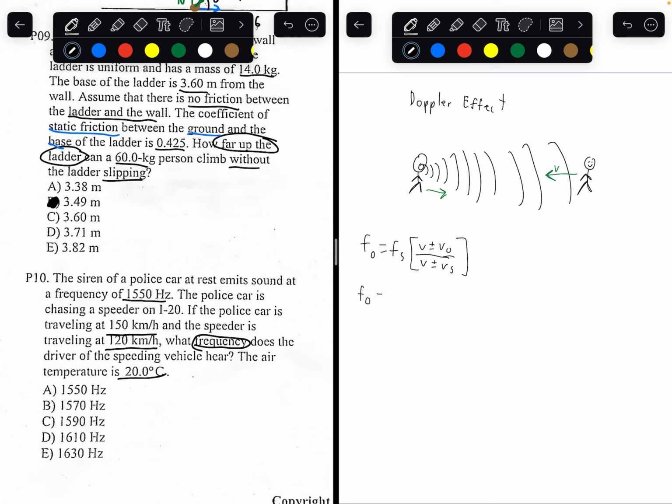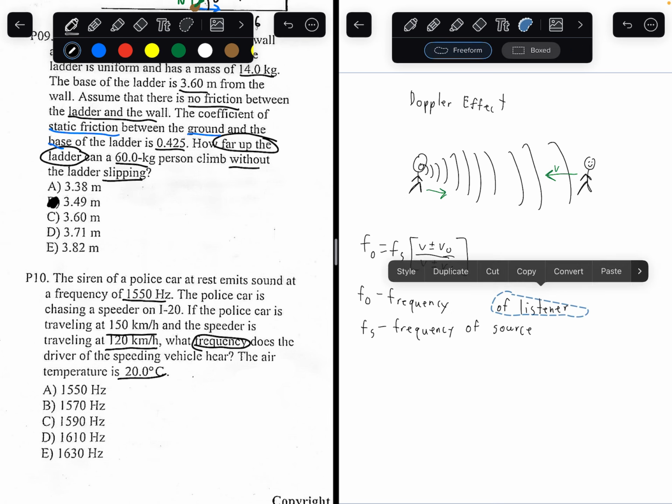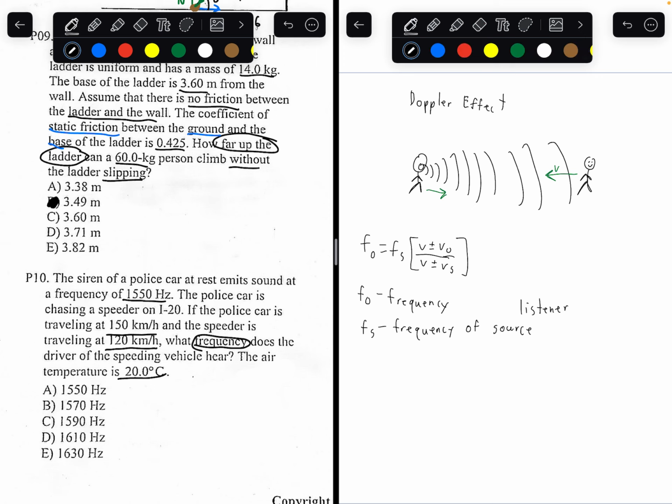FO will be frequency of the listener. I actually replace this with the frequency heard by the listener. And Fs would be frequency of the source.